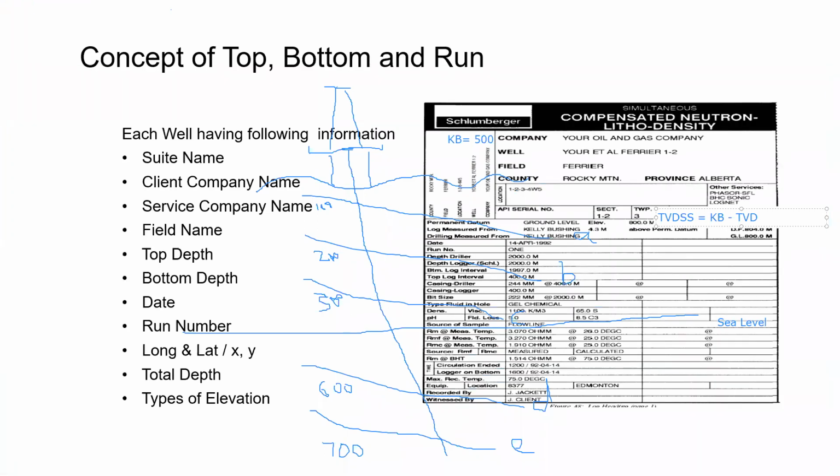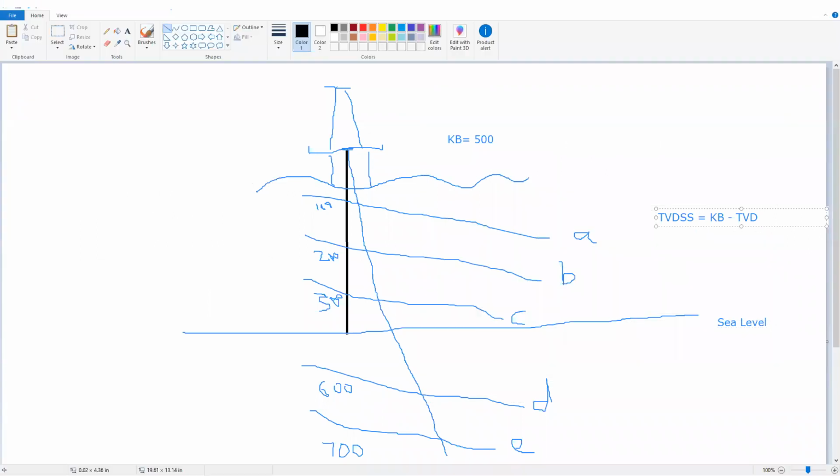So in tomorrow's lecture, we will discuss the pattern of the well log, how the well log is available on the log prints or the films that you are getting from the field.